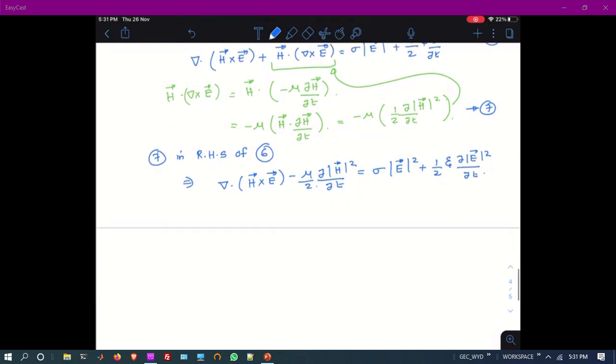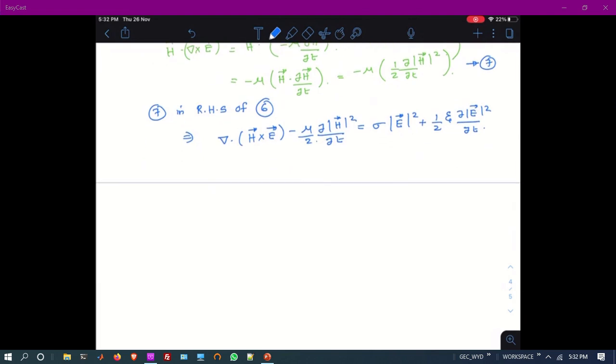Now I am taking the second term to the right hand side. So I can write del dot H cross E is equal to sigma magnitude of E square plus 1 by 2 epsilon dou mod of E square by dou t plus mu by 2 dou magnitude of H square by dou t.